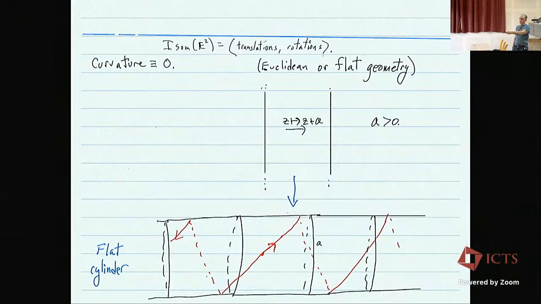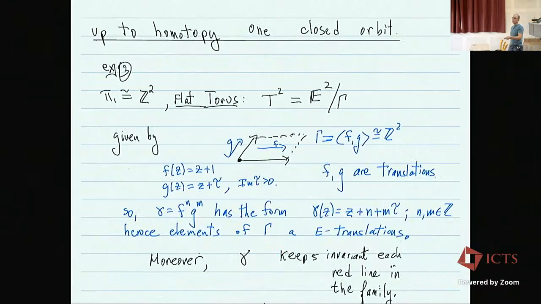If I point in the vertical direction, I get a closed orbit. If I point in any other direction, I'm going to go off one way or the other. So the closed orbits are exactly those homotopic to this one, and you can compute the length: it's this length A. So that's on a flat cylinder.